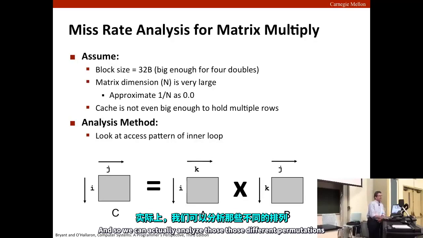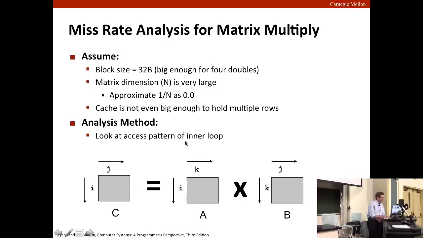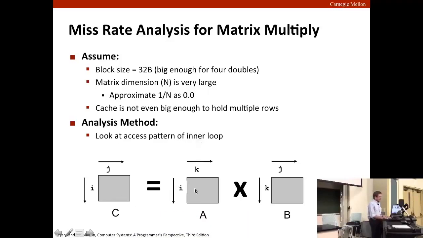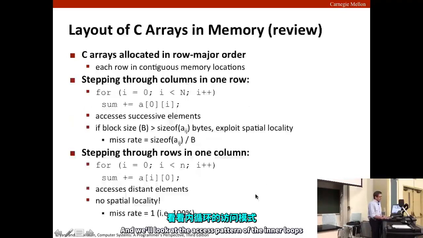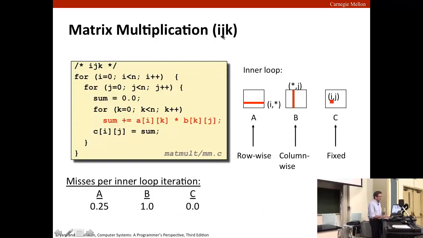And so we can actually analyze those different permutations and predict which one will have the best performance. So what we'll do is look at the inner loop, and we'll look at the access pattern of the inner loops, and it's the access pattern on arrays C, A, and B.